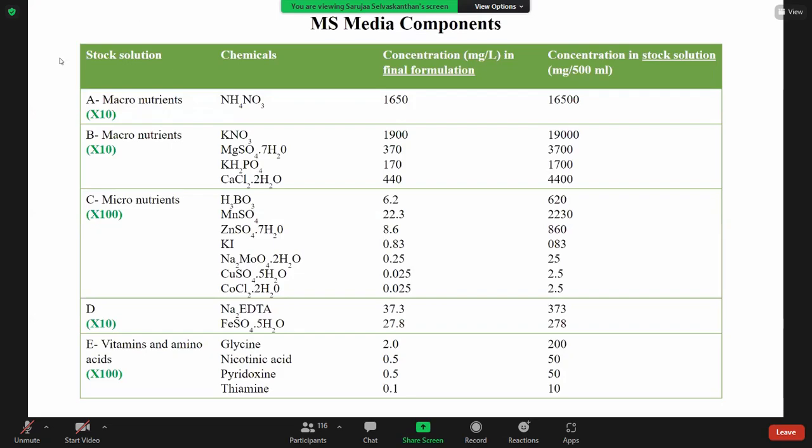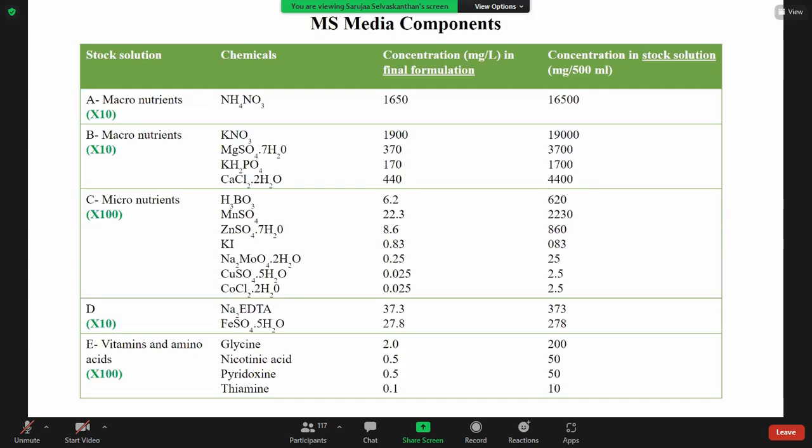Kinetin also we can use, quite expensive. Thidiazuron also we can use, more expensive even than kinetin, right? So BAP, that's good.